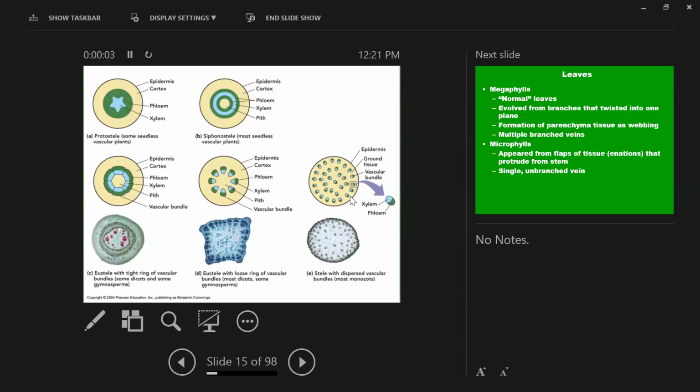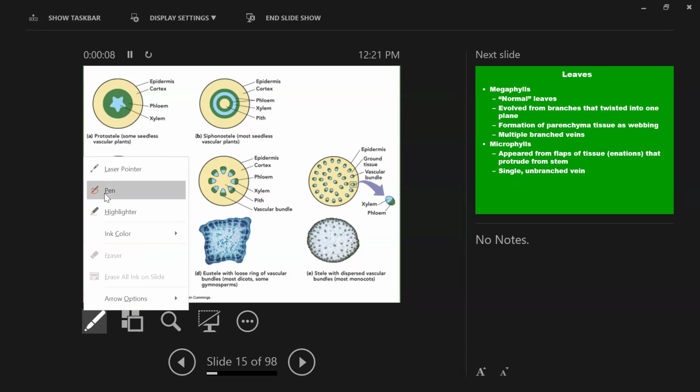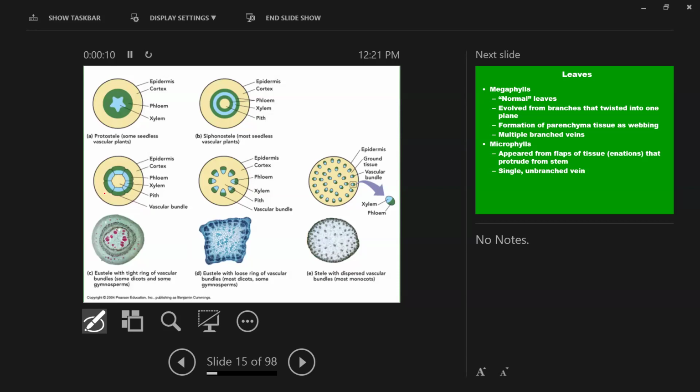We've seen this already way back when we looked at plant anatomy and stem tissue, but really what we're zooming into is this group up here, A, B, and some of C. Protostele means you have a solid cylinder of vascular tissue smack in the middle of the stem.